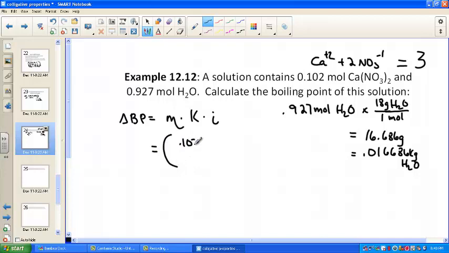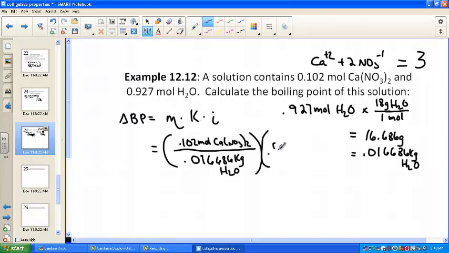Molality is moles of solute, which here is calcium nitrate, per kilogram of solvent. 0.927 moles of water we had to work out is 0.016686, plenty of decimals there, kilograms of water.